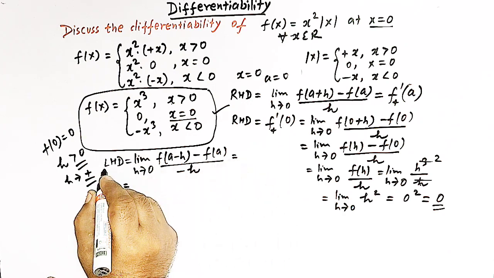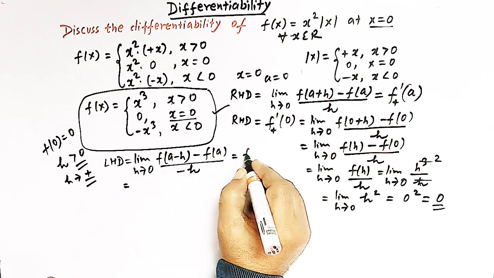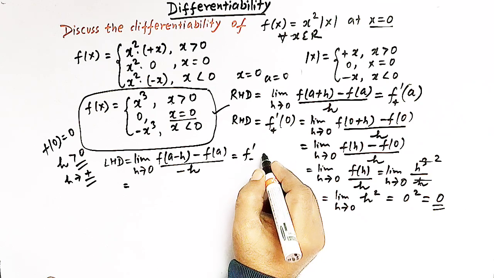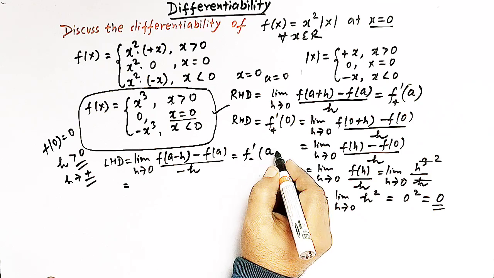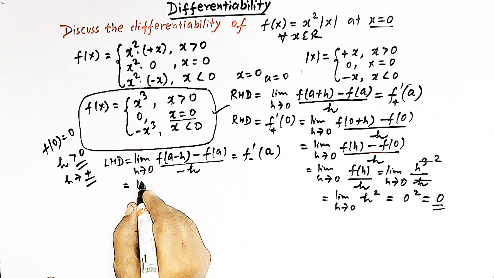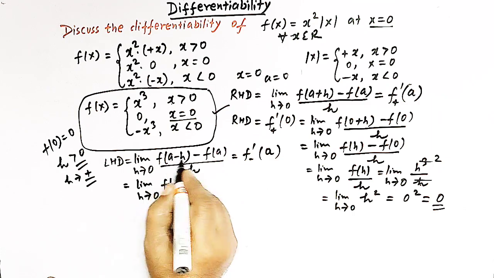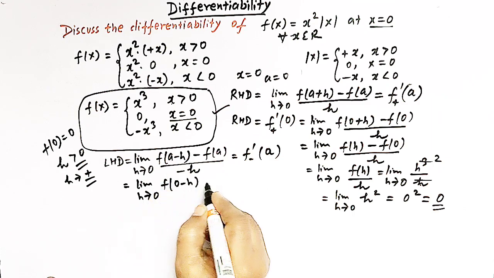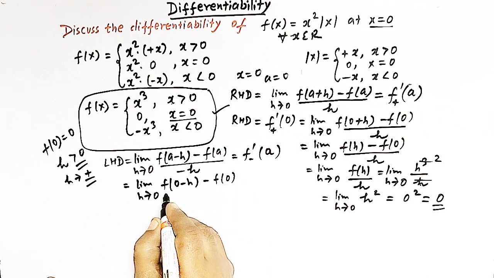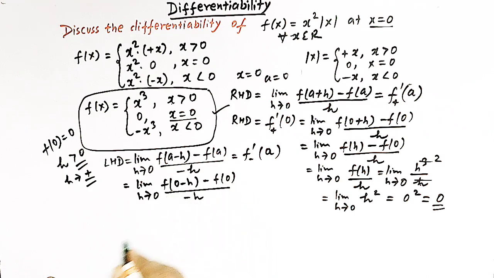So here the notation for left hand derivative is f prime, here we put a negative sign, and here we have a. So this is limit h tends to 0 of f of 0 minus h, and then f of 0, and here we have minus h.